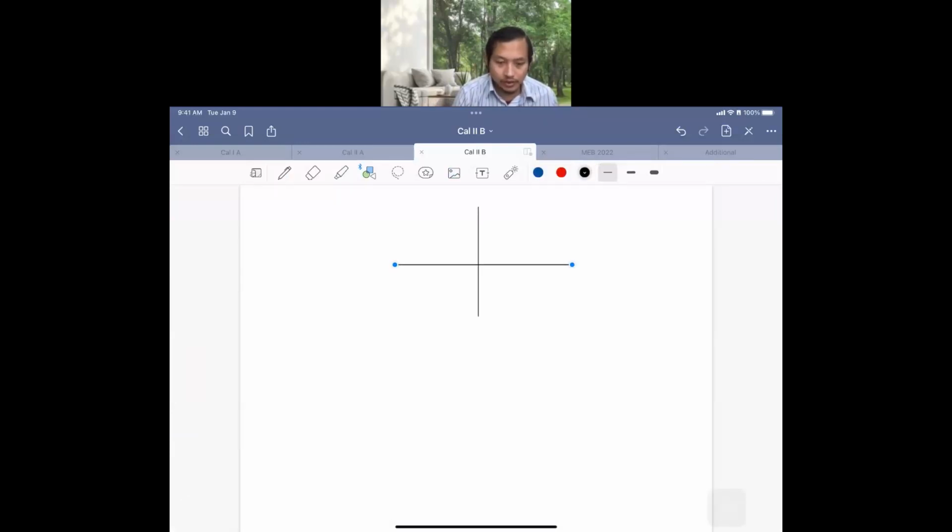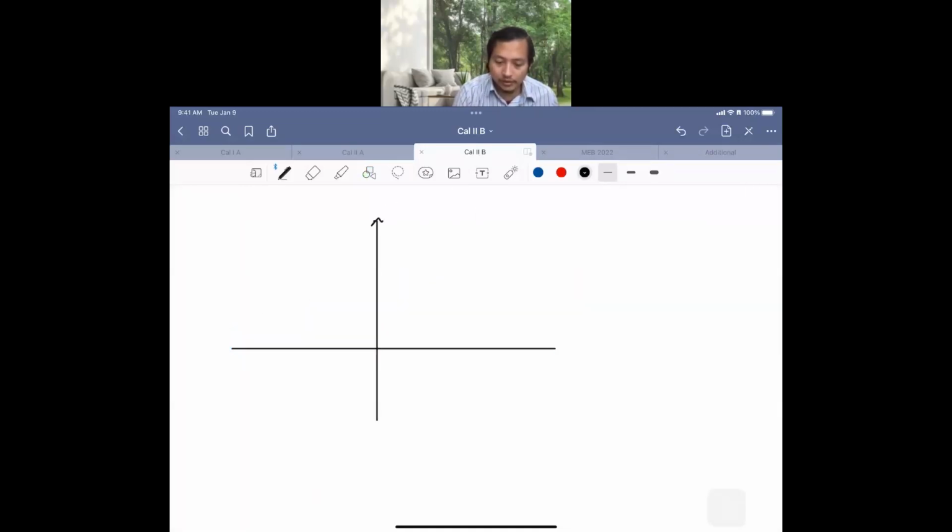In the first quadrant, it should be on the positive axes, so it should be on this part, this area. The radius of the first equation is 1.